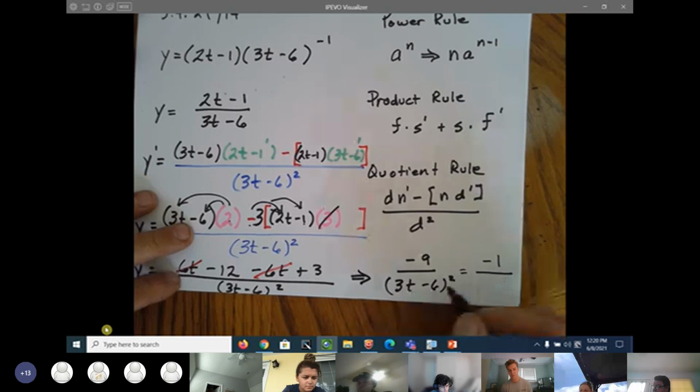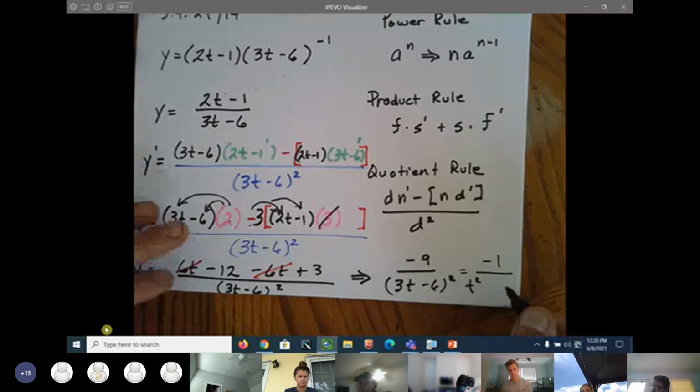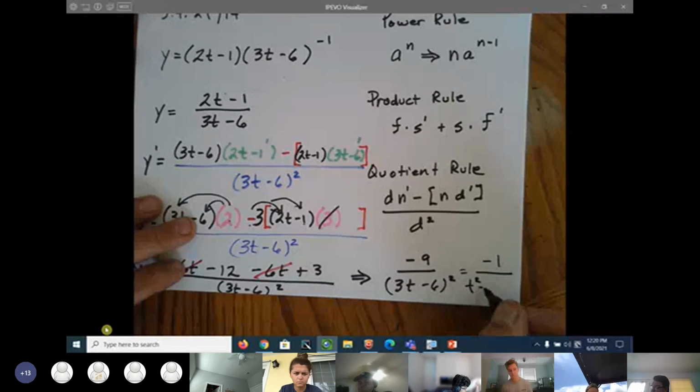I'm going to take that 9 out. That's going to be t squared. And then 36, let's see, wait a minute, 18 and 18 is 36, right? So that'd be 4t. So that'd be minus 4t plus 4.